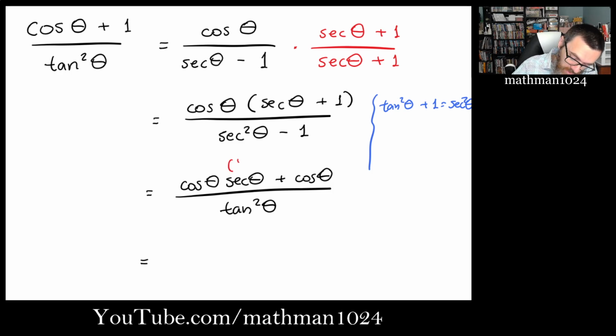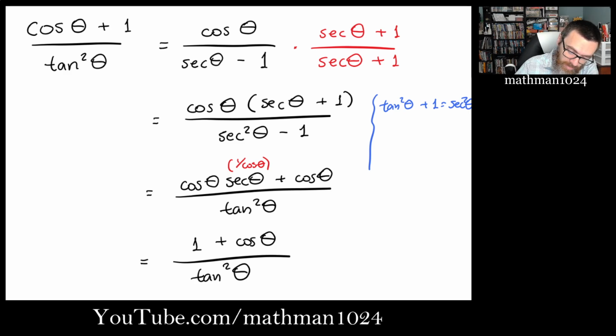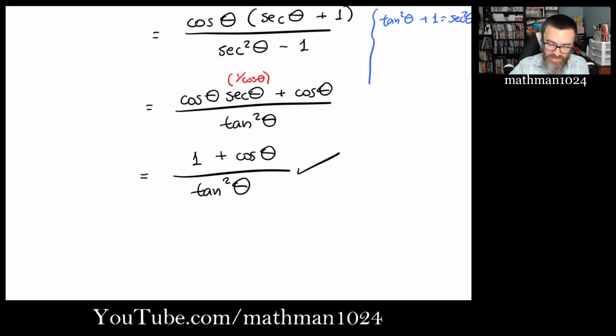So since this is really 1 over cosine, when you multiply times cosine, you end up with just 1 plus cosine theta over tangent squared. And that's what we were supposed to have, right? Now, I just say cosine theta plus 1, but because it's a sum, it doesn't really matter. You can write it either way. So yay, another identity that has been verified.